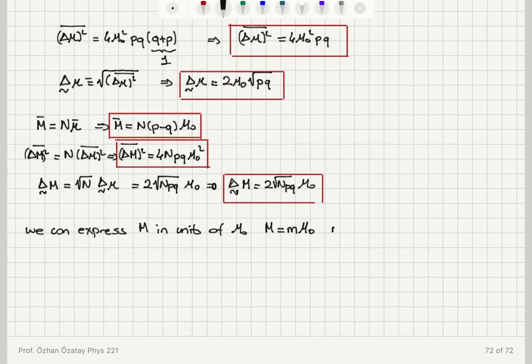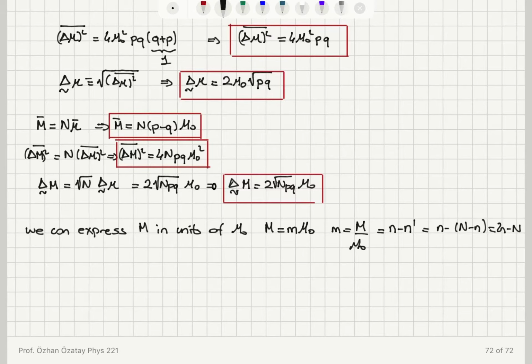So m is capital M divided by mu 0. It is also equal to the number of up spins minus the number of down spins, n minus n prime, which is also equal to n minus (N minus n), so 2n minus N.